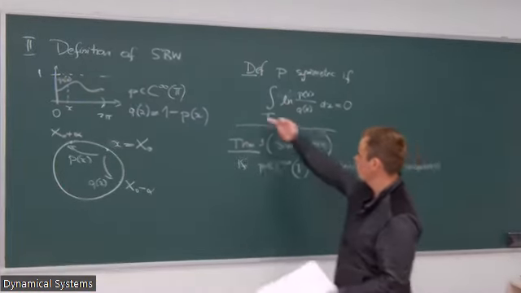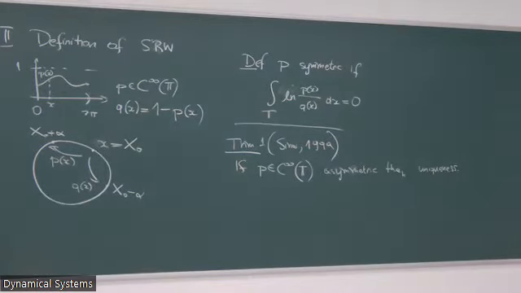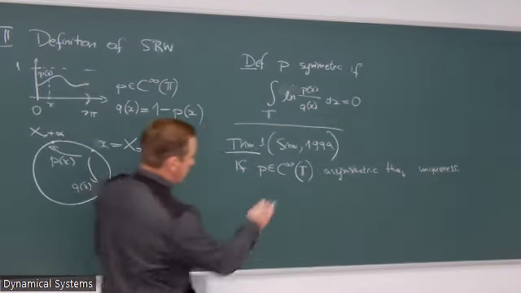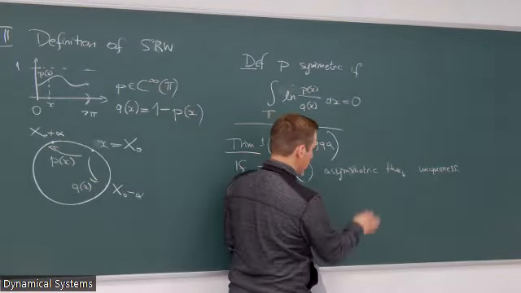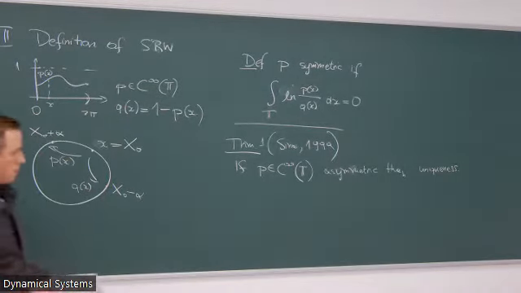Okay, so if this condition is not satisfied, no matter what the angle is, we assume it's irrational, of course, then the stationary distribution is unique. We can make the process stationary in just one way.